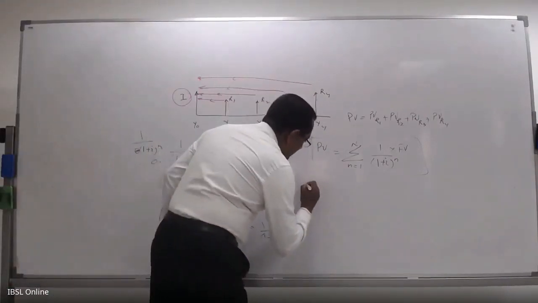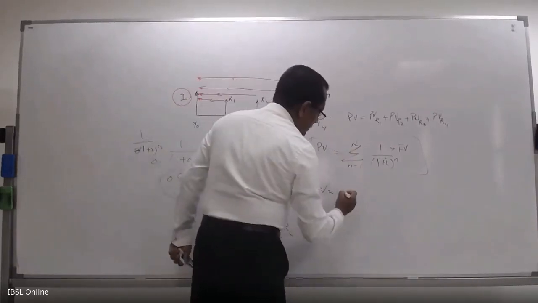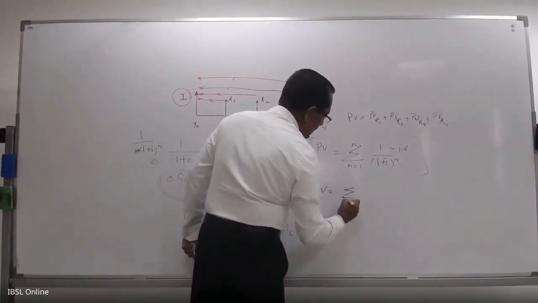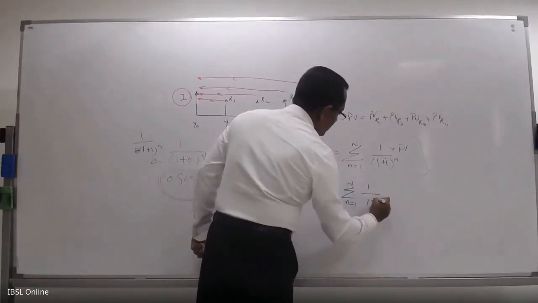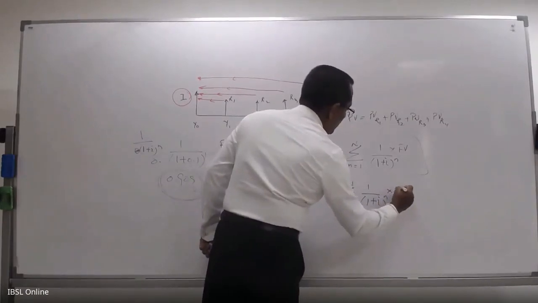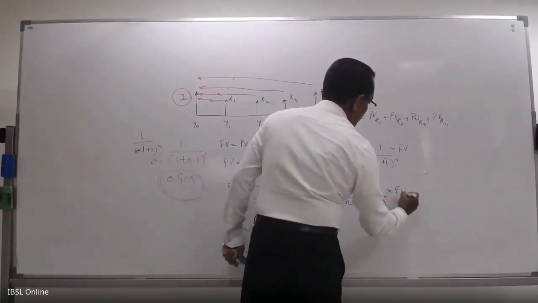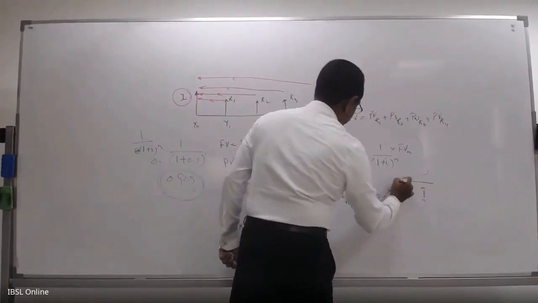So net present value equals this one: sigma n equals 1 to capital N of future value divided by (1 plus i) to the power n, minus I, right?